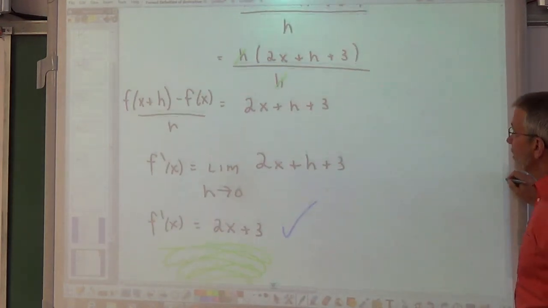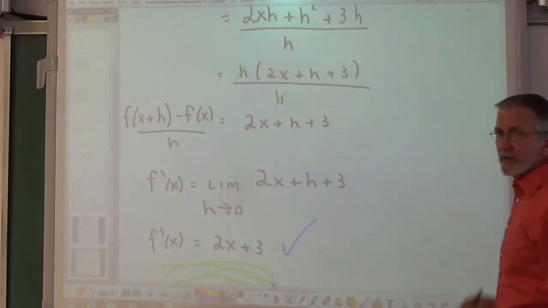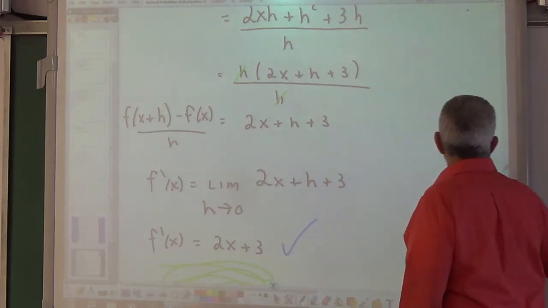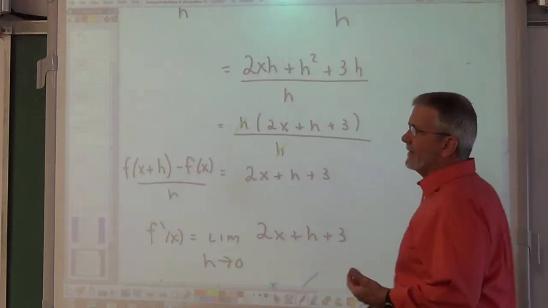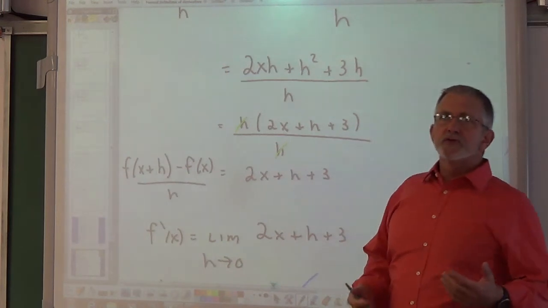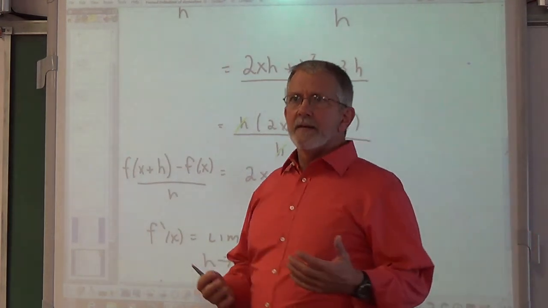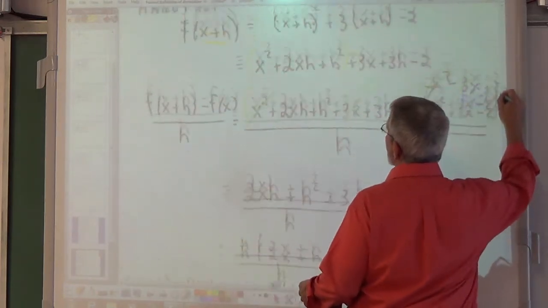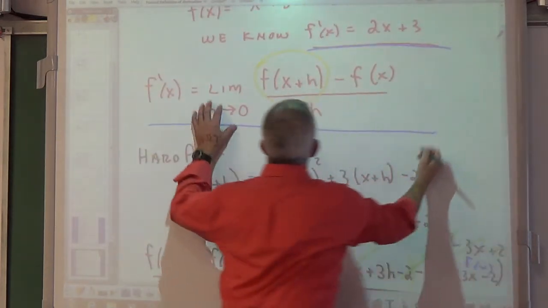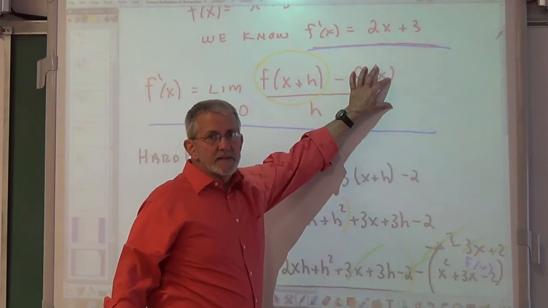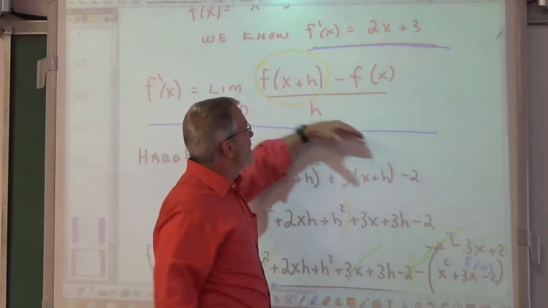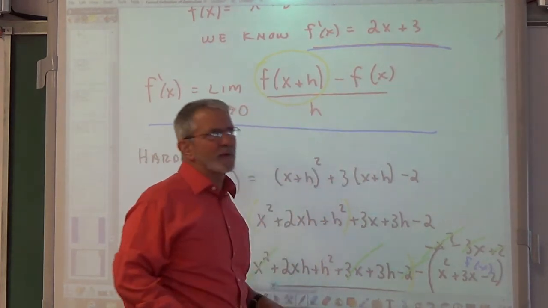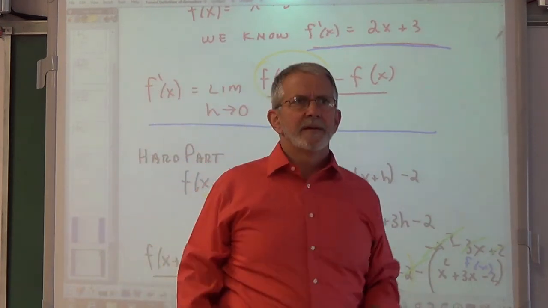So, there are certainly harder versions of using the definition of the derivative, but as an AP student, you need to understand this definition and the graphical representation of this definition. This is important, and you need to be able to use it for some simple functions.